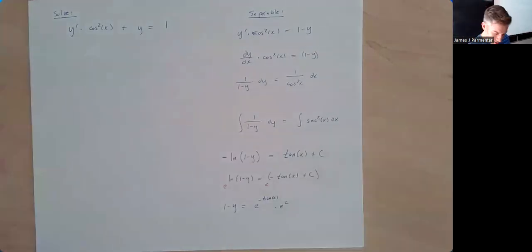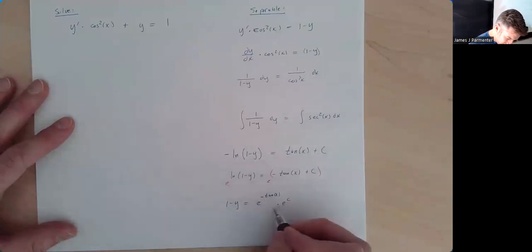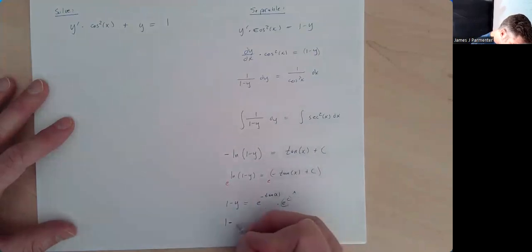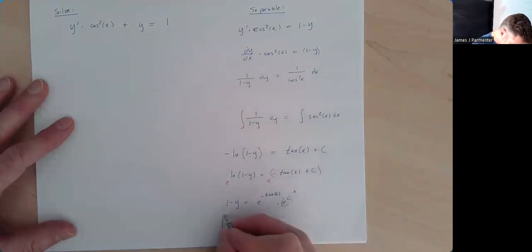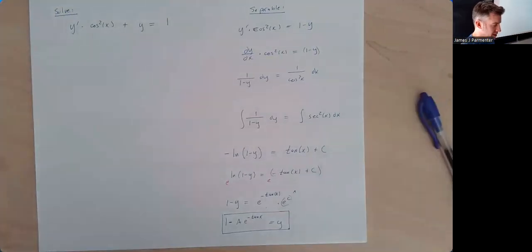It's always the same thing. And then solving for Y, I'm going to bring this stuff to the left, so 1 minus A times e to the negative tangent of x is equal to y. How about that? Cool. It is neat that you can solve these either way, and the answer, as long as you do enough simplification, does come out the same.